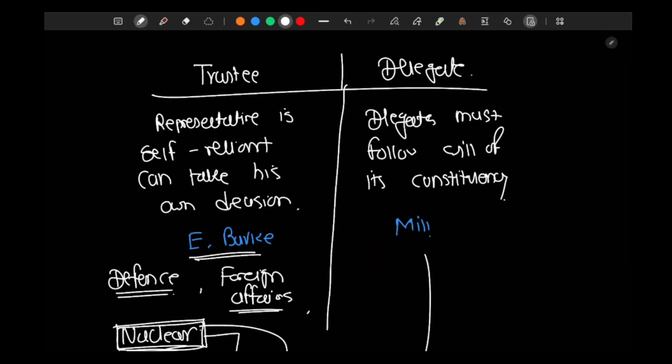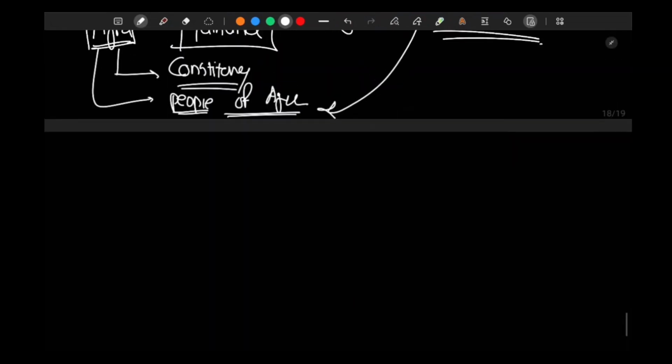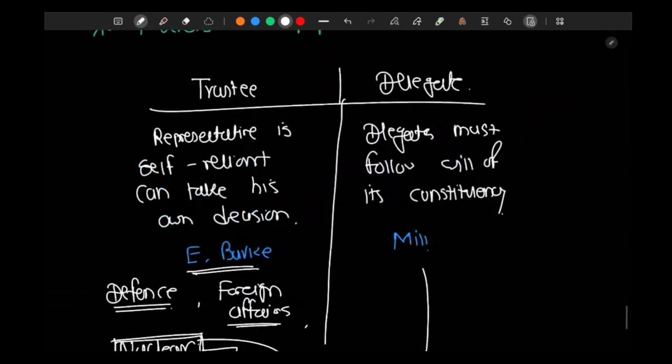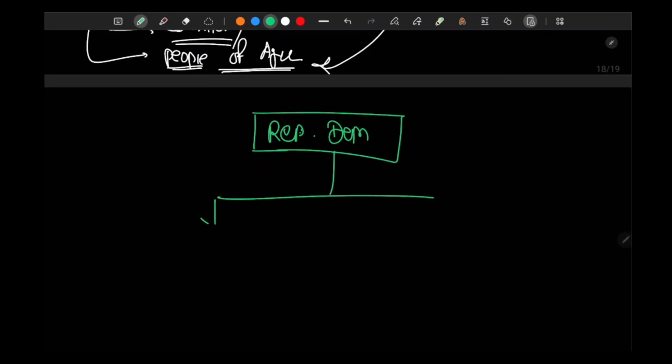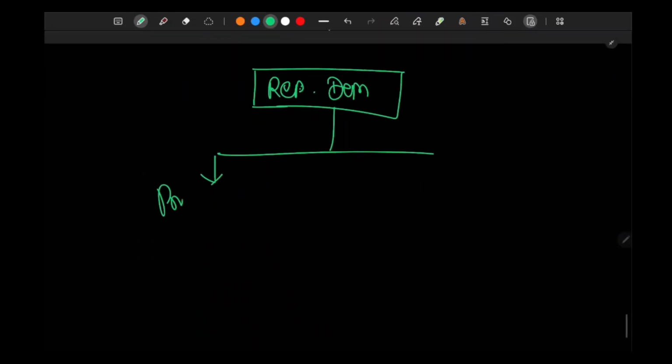So in simple terms, I will make a small flow chart or tree diagram so that you are able to understand. Representative democracy, RepDem, has two models. First model is protective, second model is developmental.